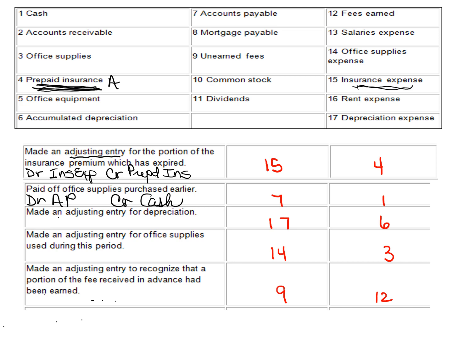Make an adjusting entry for depreciation. So when we recognize depreciation, that means we've used some of that equipment or machinery or whatever it is. And so we're going to be debiting depreciation expense, because remember, expenses show we've used it or consumed it, and we're going to credit the asset account that shows the depreciation, and that's accumulated depreciation.